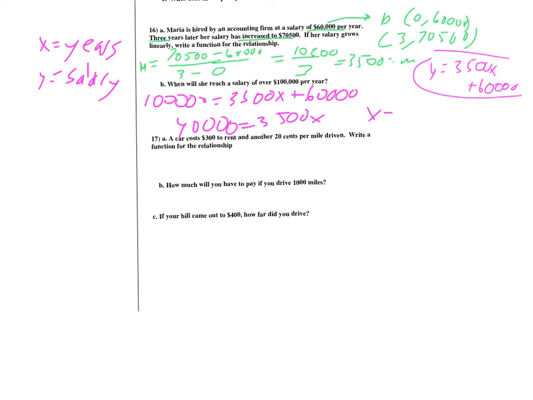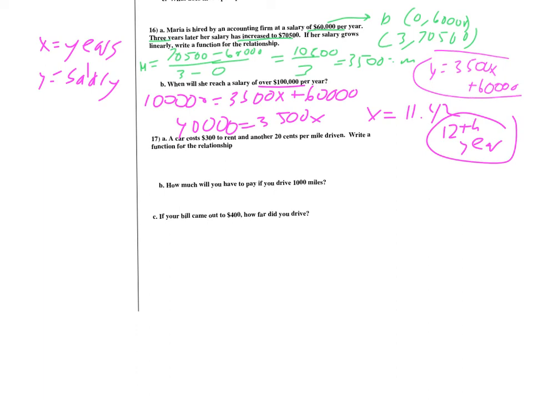That'll be 11.42. If we need to be over $100,000 per year, I would say it'll be her 12th year, because you only get raises once a year usually. In her 11th year, it will be under 100,000, and then her 12th year will be over.